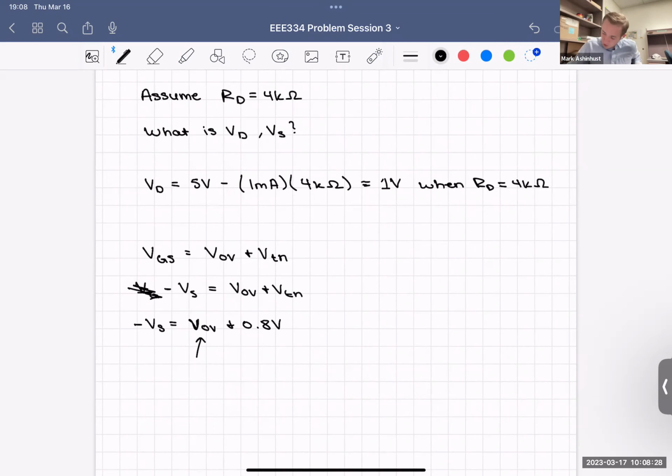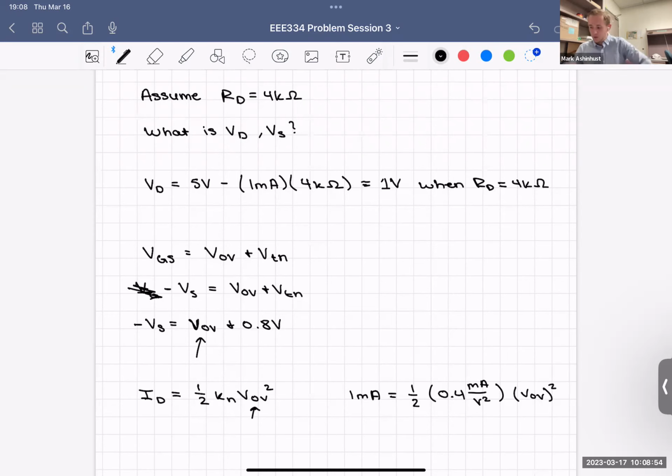So let's use our current. ID, we're in saturation, 1/2 NMOS KN VOV squared. We could solve for VOV. ID is equal to 1 milliamp. We have 1/2 KN is 0.4 milliamps per volt squared. And then we have VOV squared.